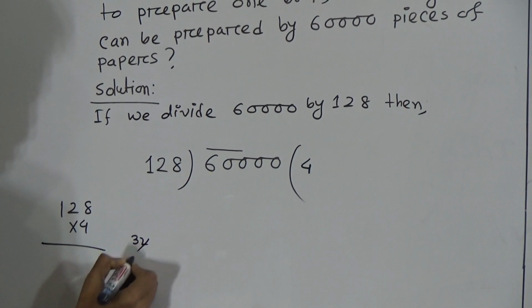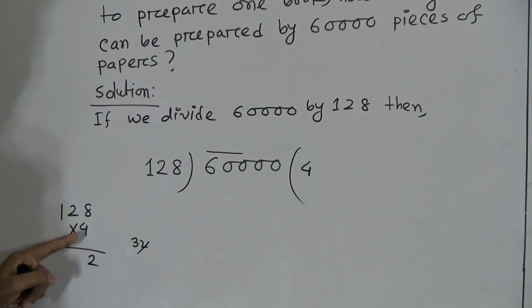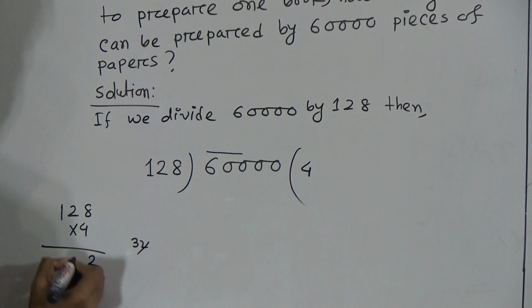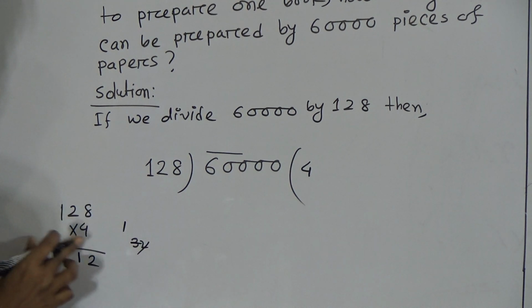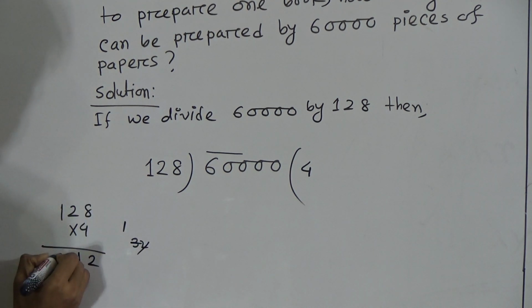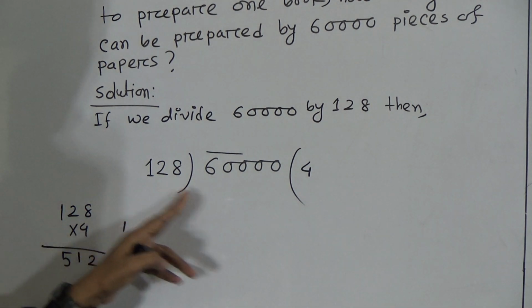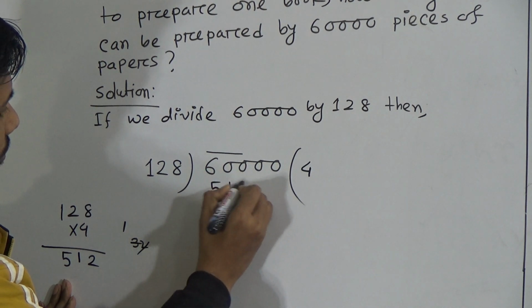You put here this 2, and 4 2s are 8, 8 plus 3 equal to 11. So you put here 1 and you have 1 in your hand. 4 1s are 4 plus 1, 5. That means 128 into 4 equal to 512.